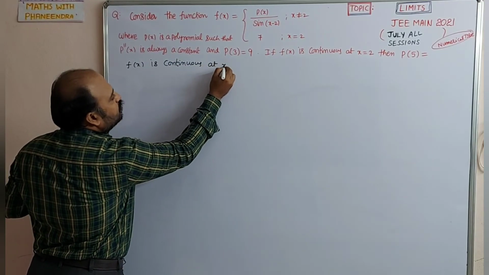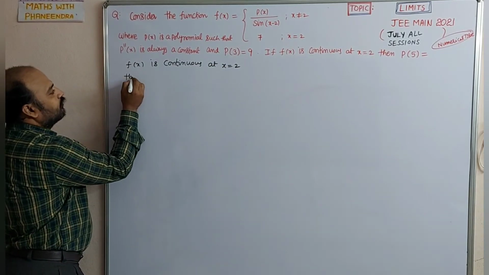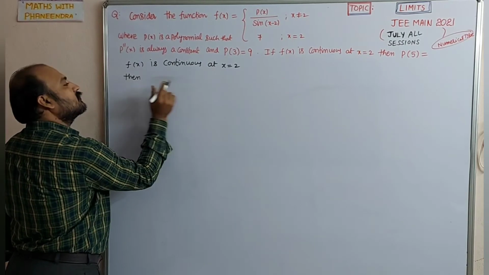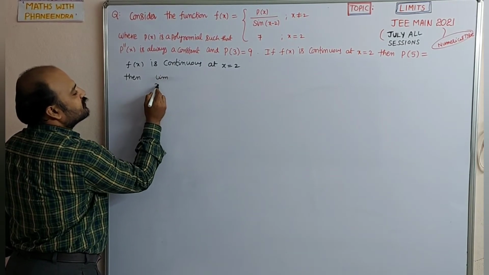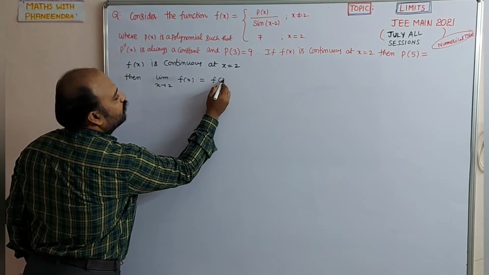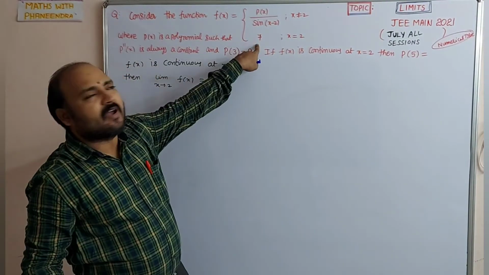So f of x is continuous at x is equal to 2, then we have f of 2 is equal to limit x tends to 2, f of x. The meaning of f of 2 is that at x is equal to 2, the value is 7.